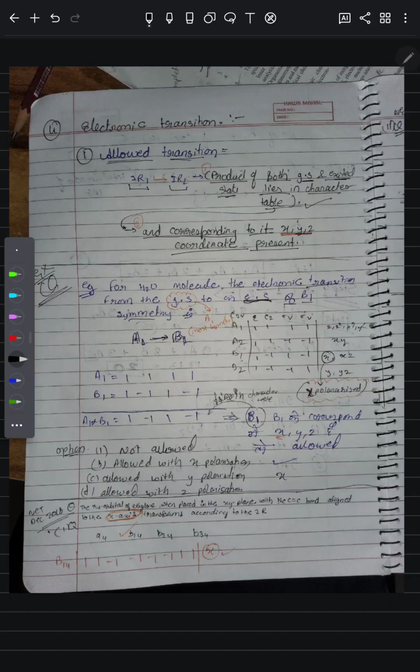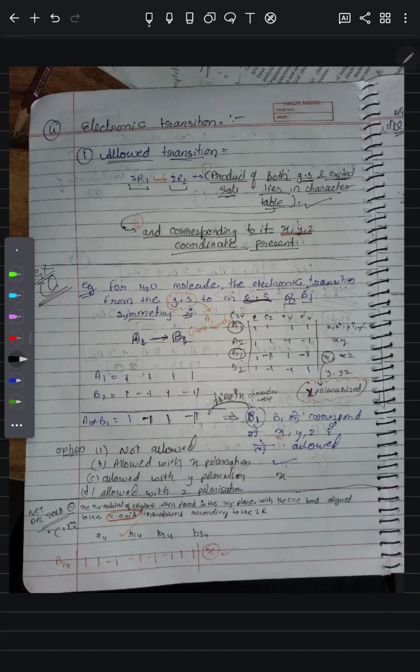So A1 will be this and B1 will be this. By multiplying these two, 1 into 1 is 1, 1 into minus 1 is minus 1, 1 into 1 is 1, 1 into minus 1 is minus 1. So this value must be present in the character table. So this is the value of B1: 1, minus 1, 1, minus 1.